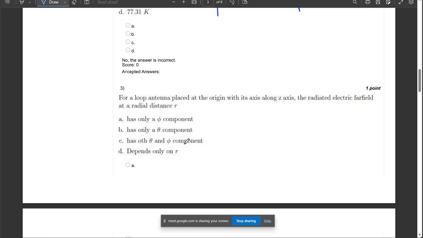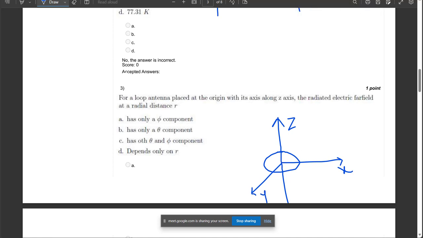For a loop antenna placed at the origin with its axis along the z axis, the radiated electric far field at radial distance r will be. So a loop antenna is given, right? And it is in the z axis, with x and y.